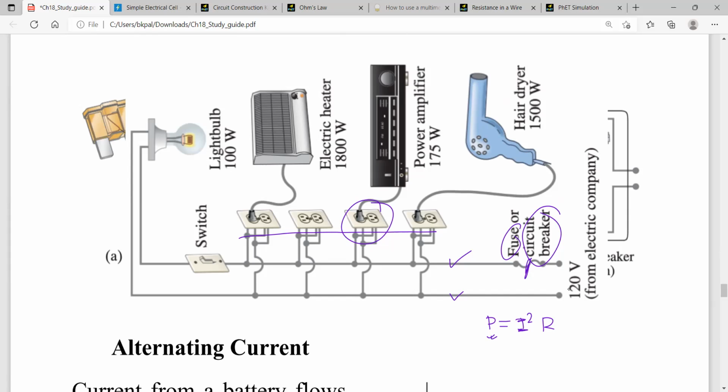Circuit breakers are designed using this: when the system tries to draw too much current, it becomes hot. Hot means high temperature, and high temperature means the bimetallic strip expands. They are designed in such a way that this disconnects the circuit.